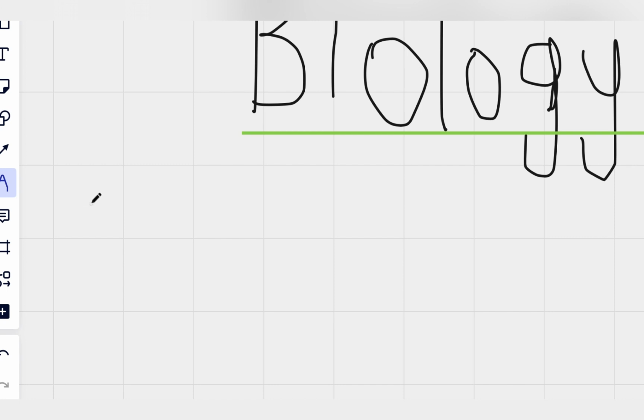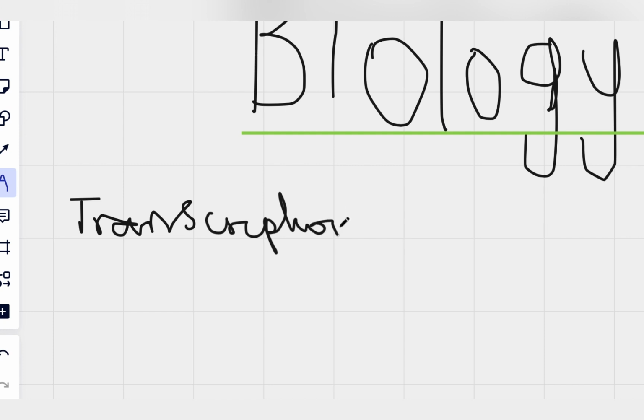We say transcription is, in genetics, or in DNA study or protein formation, the synthesis of protein, number one, is transcription.